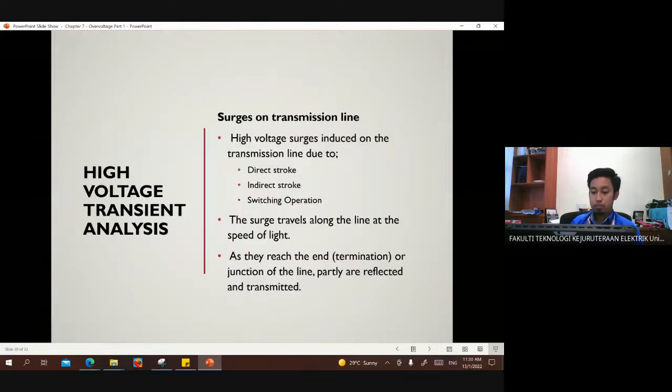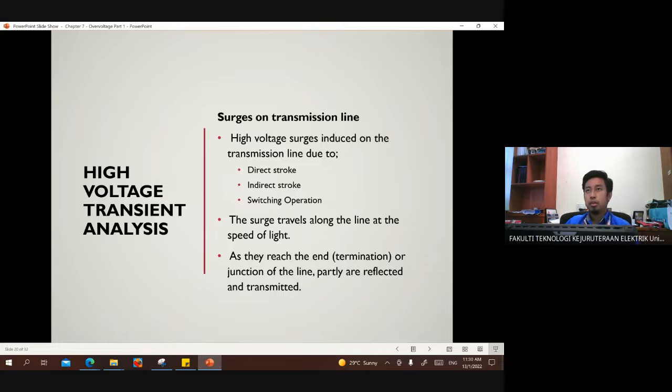So what happens to the surge on the transmission line? This is the difference between what I explained before, the direct and indirect strike. And then I explained the surge will travel along the line at the speed of light. I think all of you already know the speed of light, maybe you can Google how much it is. Normally the wave follows the speed of light, but maybe on some lines it is about three quarters of the speed of light.